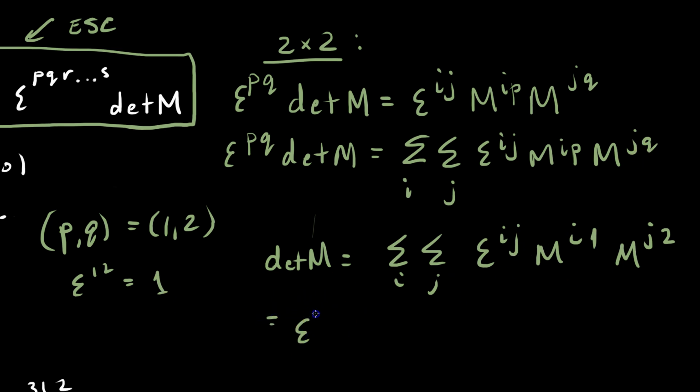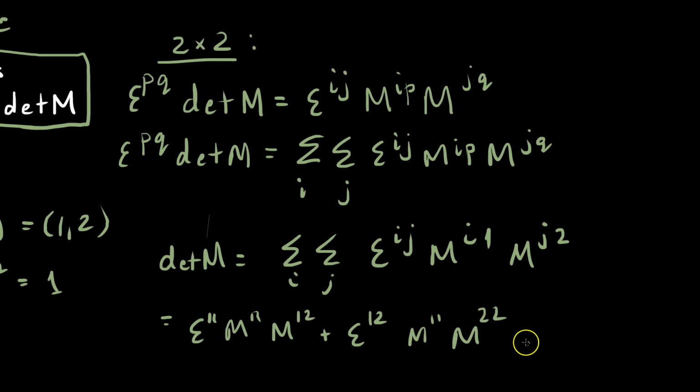Okay, let's take the sum. This is going to be epsilon 1, 1, M11 M12, plus epsilon 1, 2, M11 M22. Oh boy, we're going to have 4 terms here. Plus epsilon 2, 1, M21 M12.